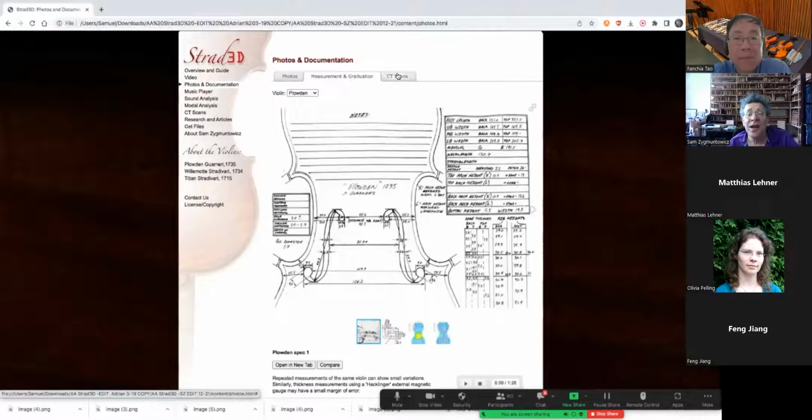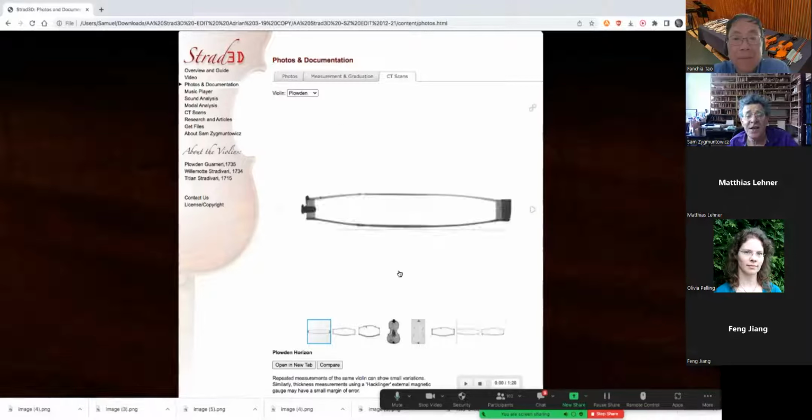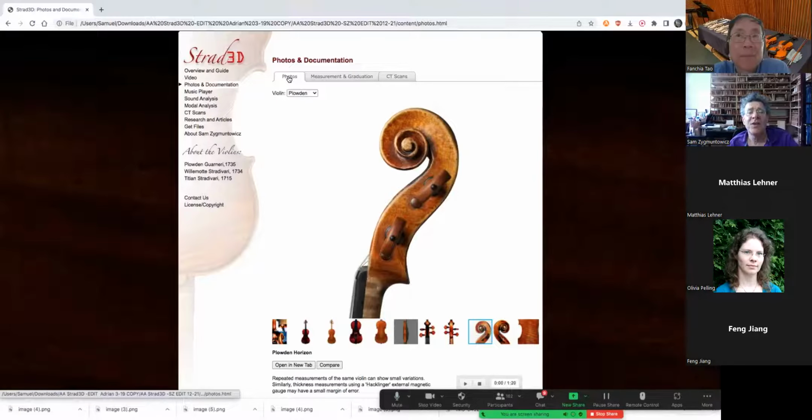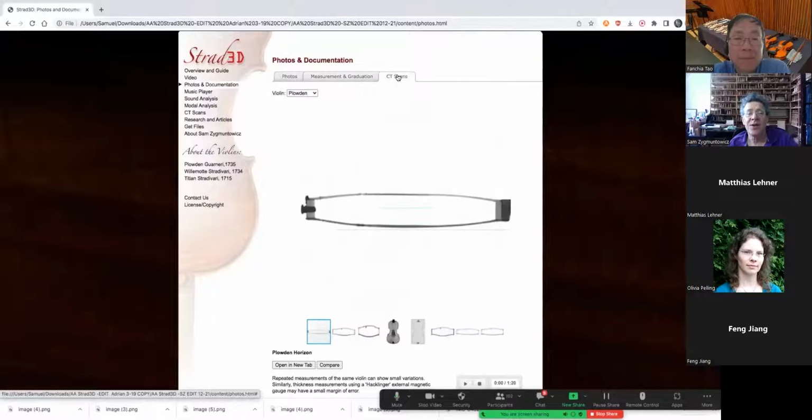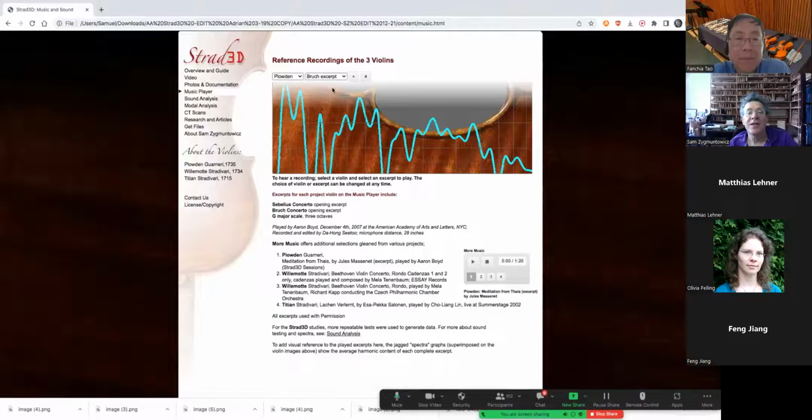You can look at the CT scans of the arches. Basically, the concept for the interface was to be able to jump back and forth to different methods of inquiry. So the logic here is that this is what it looks like. This is what it measures. This is what cross sections we can't usually see are. This is what it sounds like.